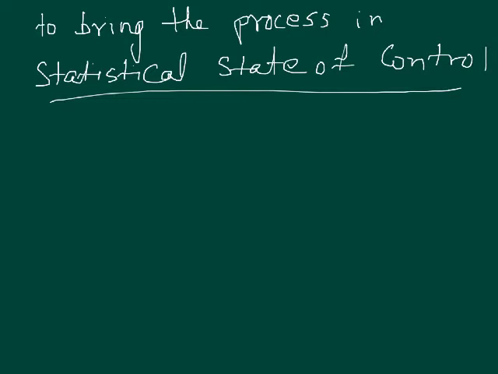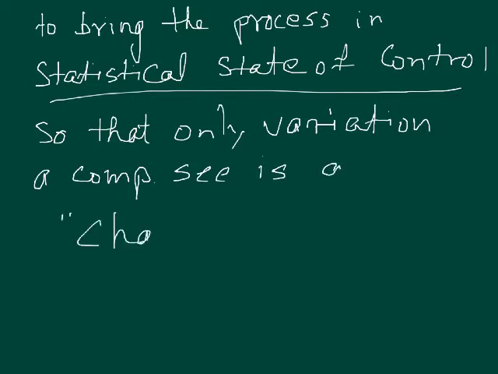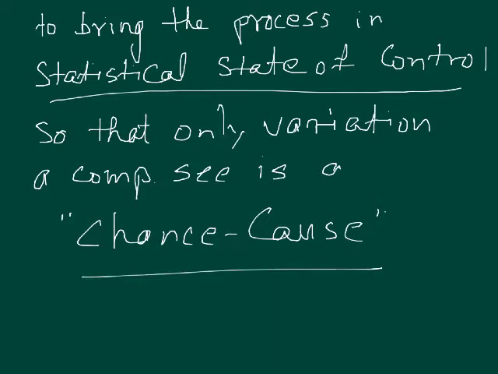And the reason behind that was so that only variation a company sees is a chance cause. For now, that's all you need to know about this, but we'll talk about this in detail.